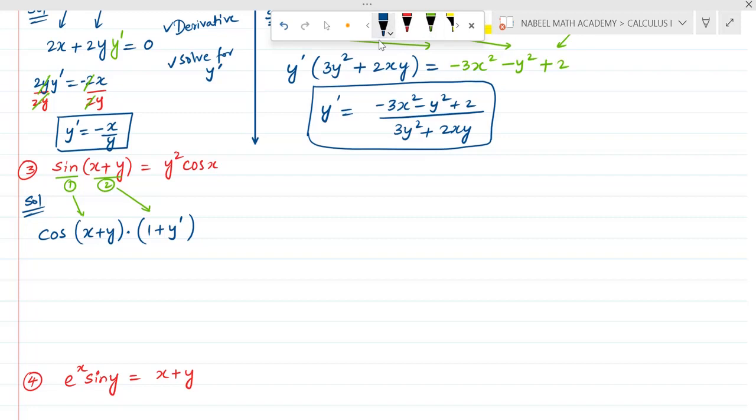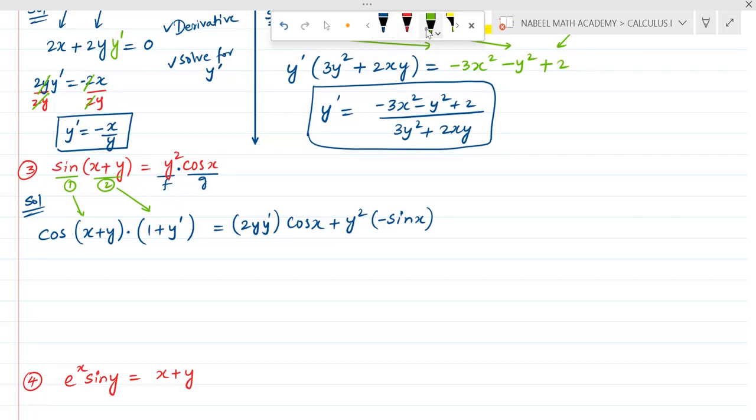Now coming to the next one, here we will have a product. Whenever you have a product, it is the FG rule. So I will differentiate: 2y prime, and this is going to be fixed, plus y square is fixed. What is the derivative? Sine differentiation gives cosine, cosine differentiation gives minus sine.